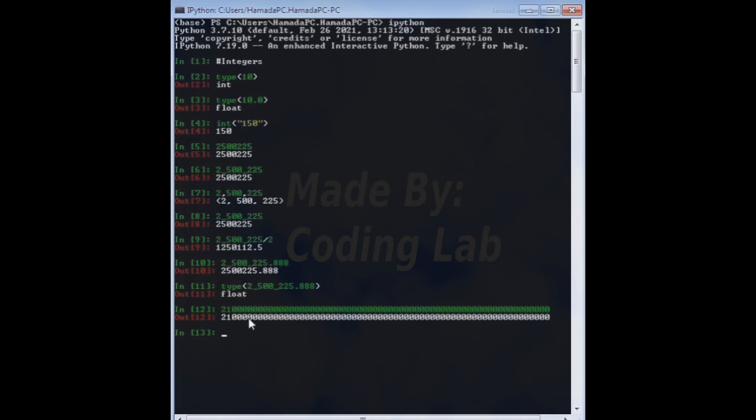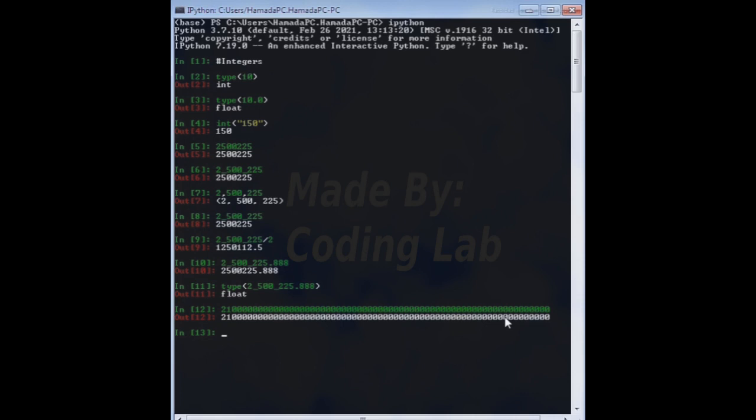And I will have to count every zero. Definitely, there is something else we can do. We can't write this large number this way. It will be very hard to read my expressions or my equations, and my code will be very hard to read.